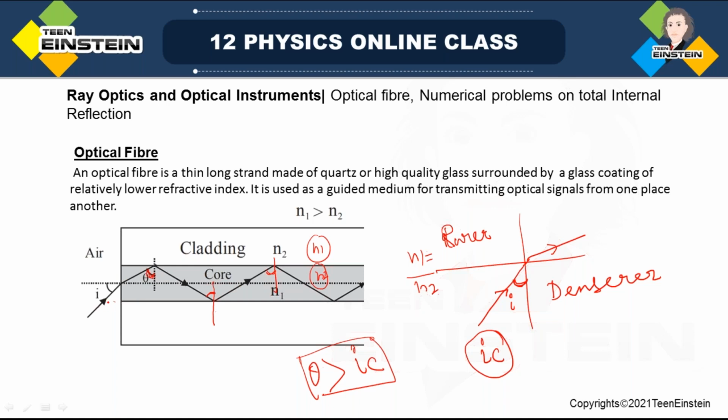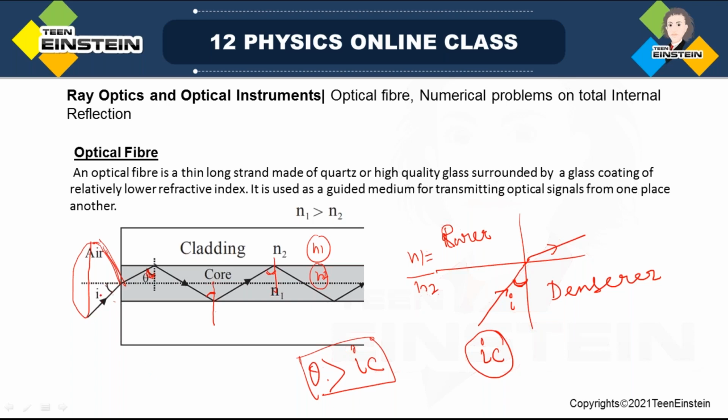So there will be a cone, like this, I'll show you. Obviously there is a limit: at any angle of incidence you cannot have theta greater than IC inside the core.